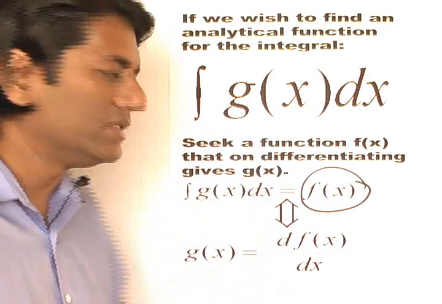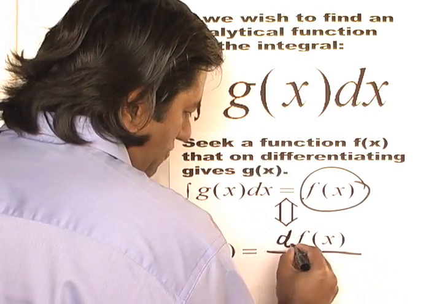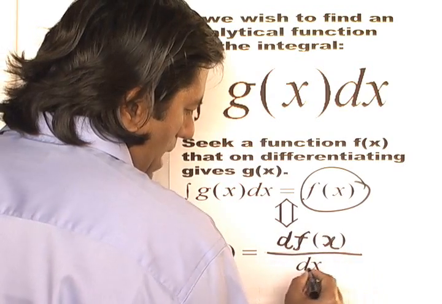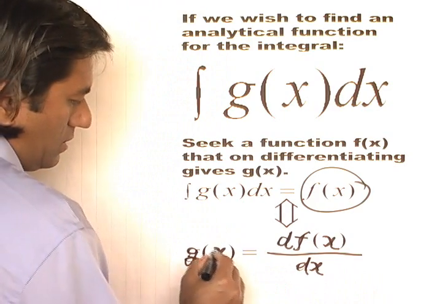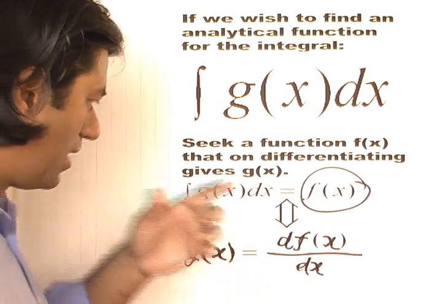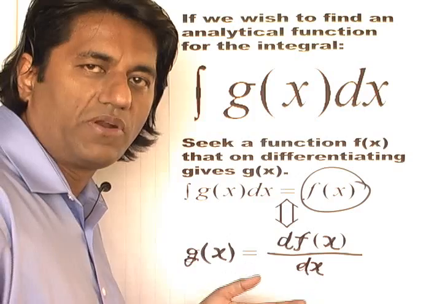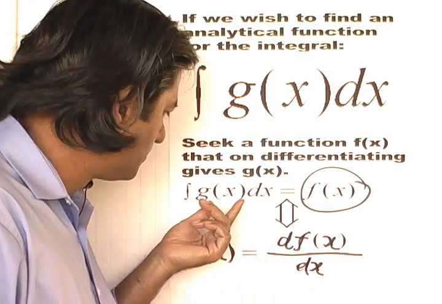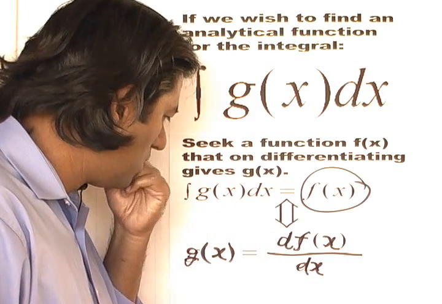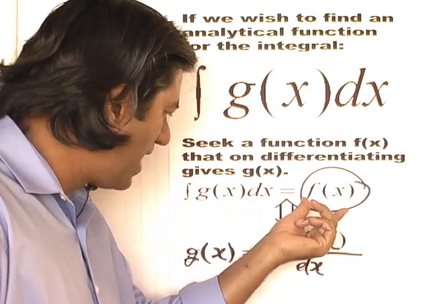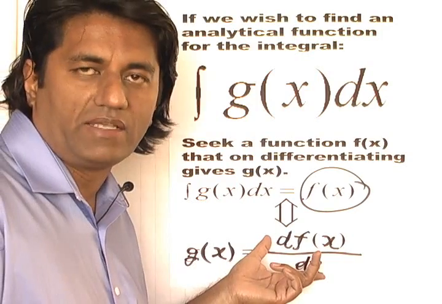Then what we know is that the derivative of f(x), df(x) by dx, would equal g(x). And that's what we just discussed, that integration and differentiation are reverse operations. So if f(x) is the integral of g(x), then g(x) is the derivative of f(x).